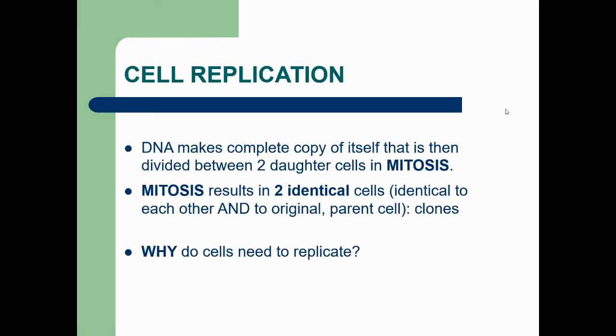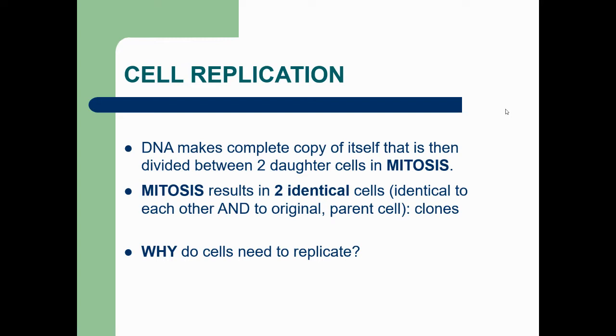So when we're talking about mitosis, a lot of people think cell replication. The entire cell cycle results, at the end of the cycle, in one cell becoming two, dividing or replicating itself. In this process, DNA makes a complete copy of itself and then divides it between two daughter cells.